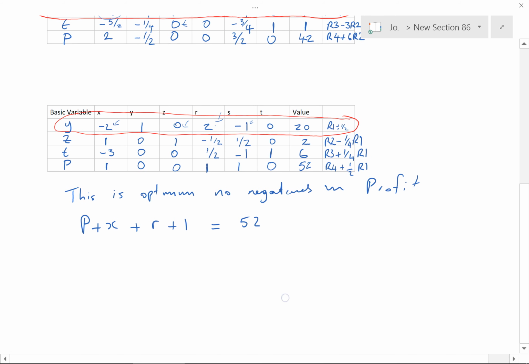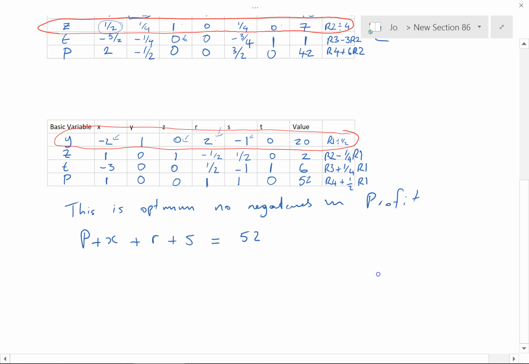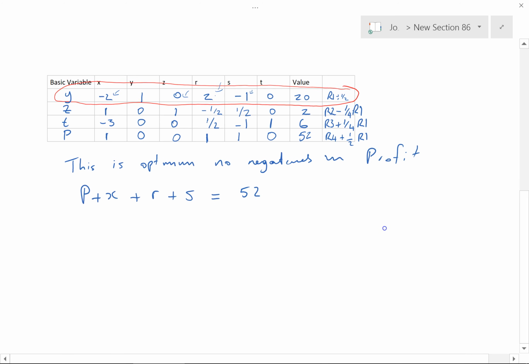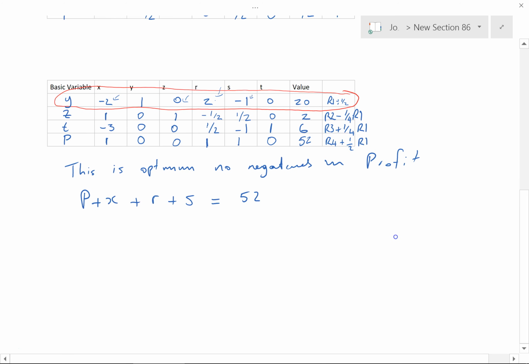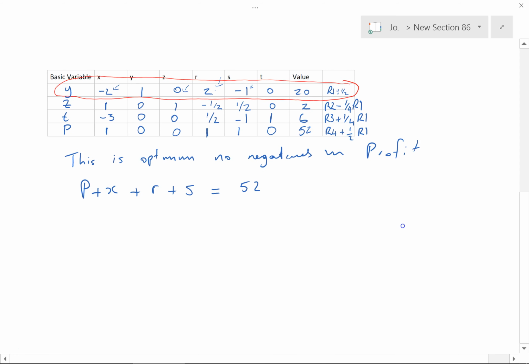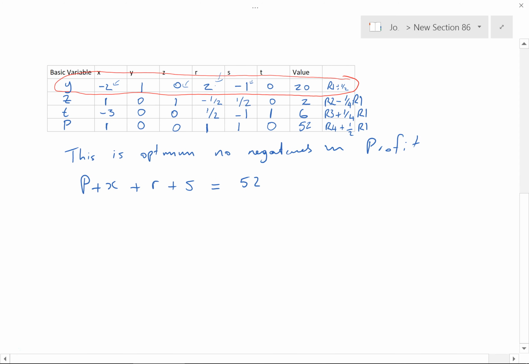Now we can see that if we increase X, R or S, then we would decrease P. So this is optimum. There's no negatives in that row. We've not been asked for that in this case, but just in case in another question.